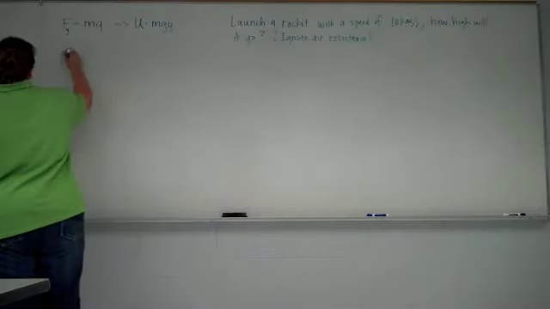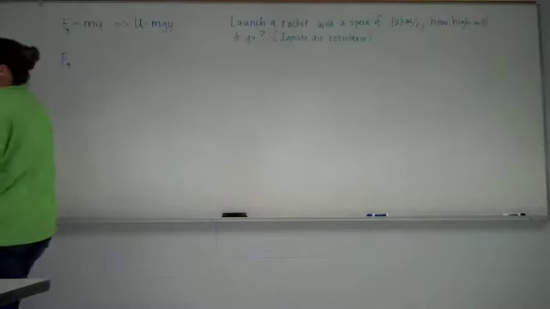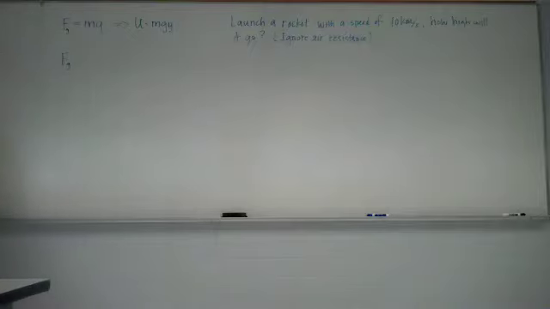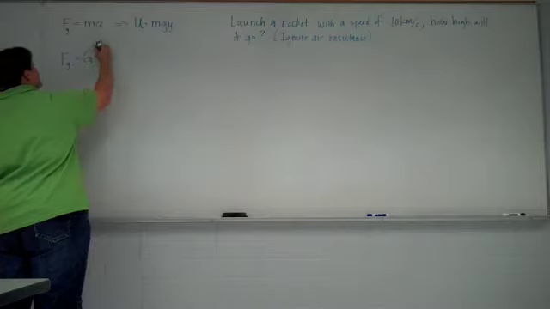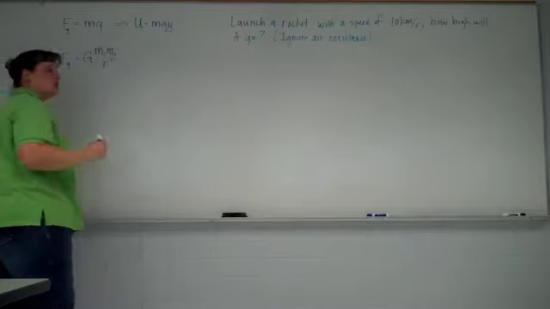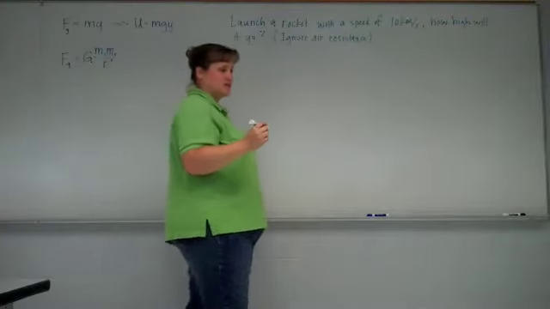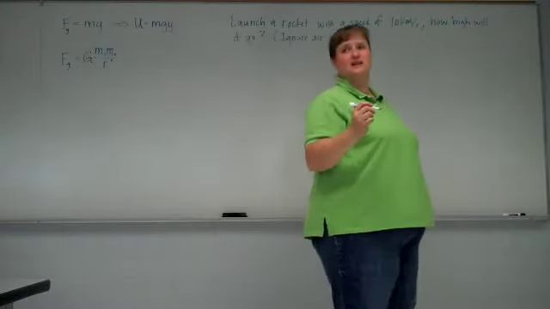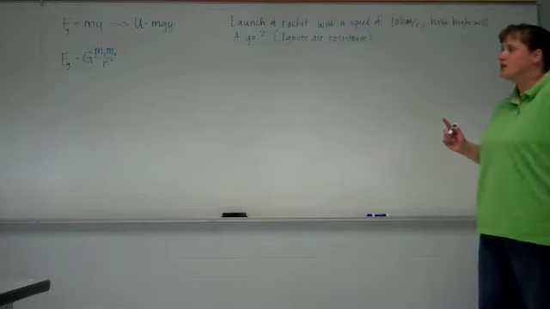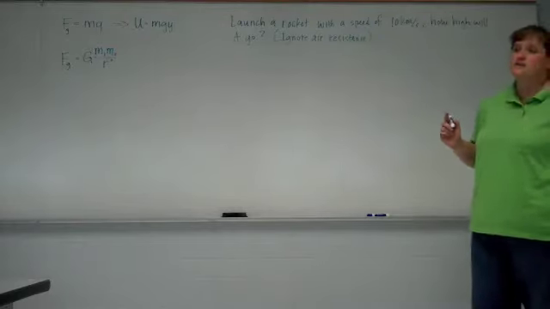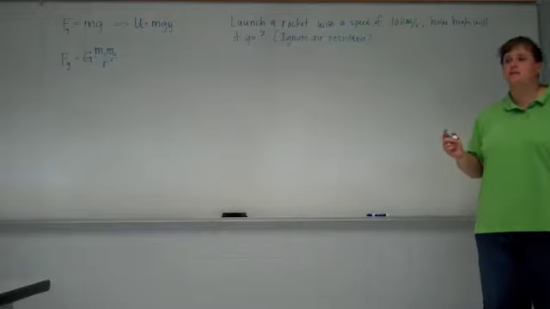Now we know when we deal with distances far from the Earth on an astronomical scale, the force of gravity, the actual equation we needed to use was the big G, the universal law of gravitation: 6.67 times 10 to the negative 11, times the two masses involved in the attraction over r squared, where r was the distance from center to center.